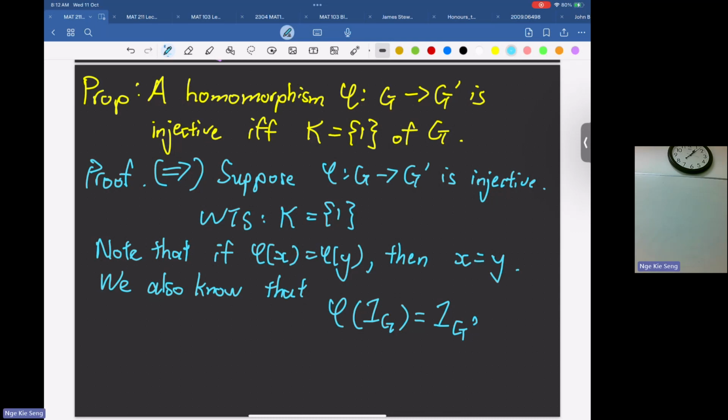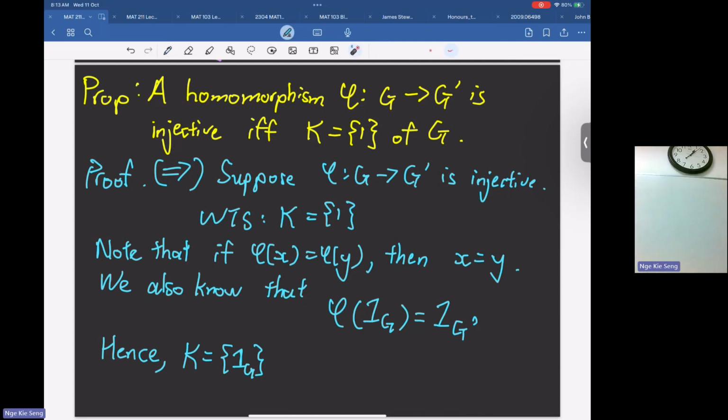Does it make sense? We know that hence K equals the identity.